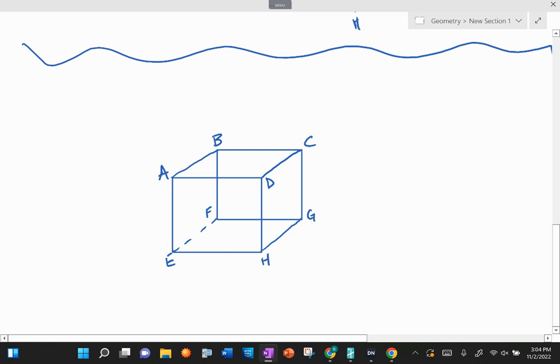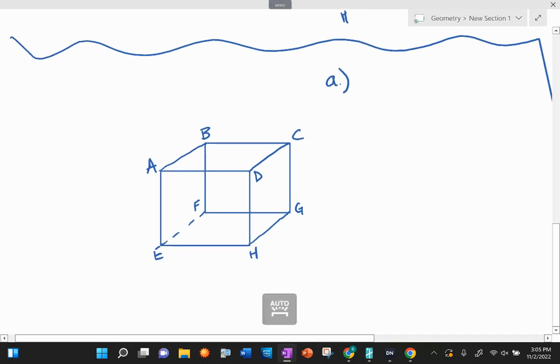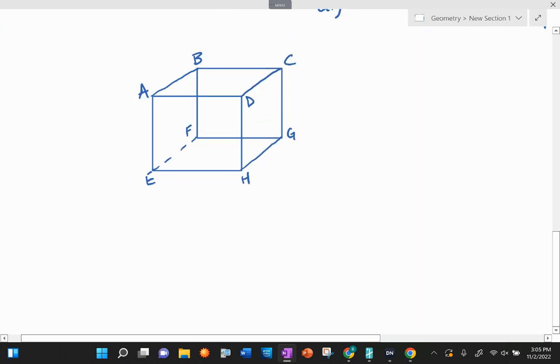Okay, so we have a few questions that we need to answer. First, I would like for you to answer which lines fit these descriptions.